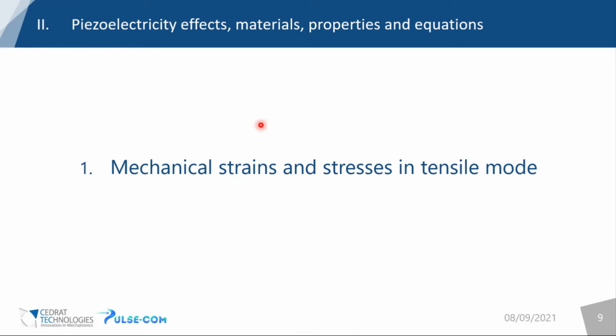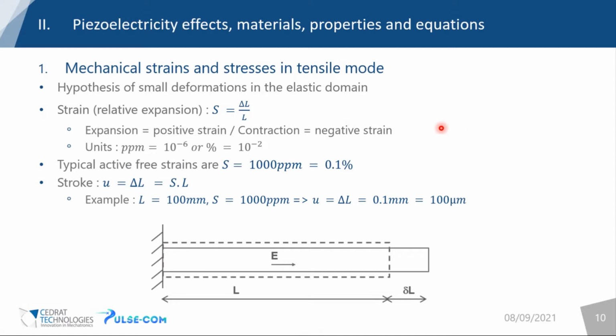So first, what are mechanical strains? What are mechanical stresses? The strain is the relative expansion of the material. In standard materials, we make the hypothesis of small deformations in the elastic domain of the materials. As you can see here in this little sample, the strain is the variation of length divided by the initial length.